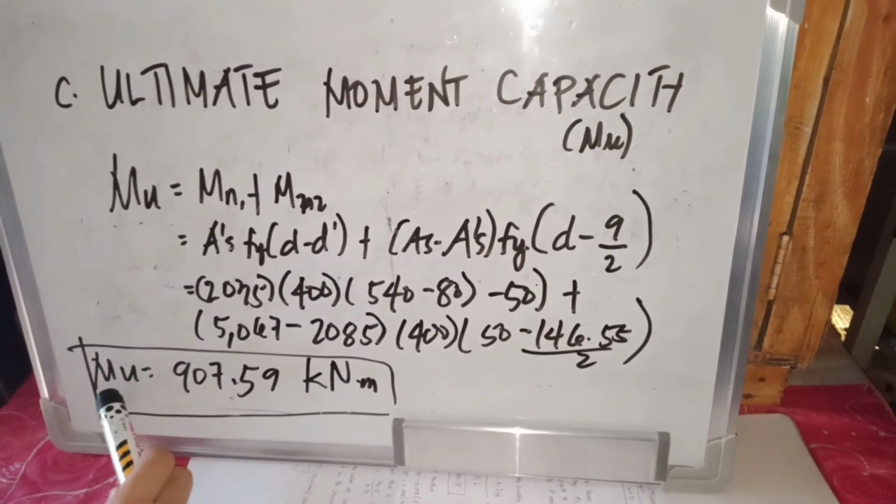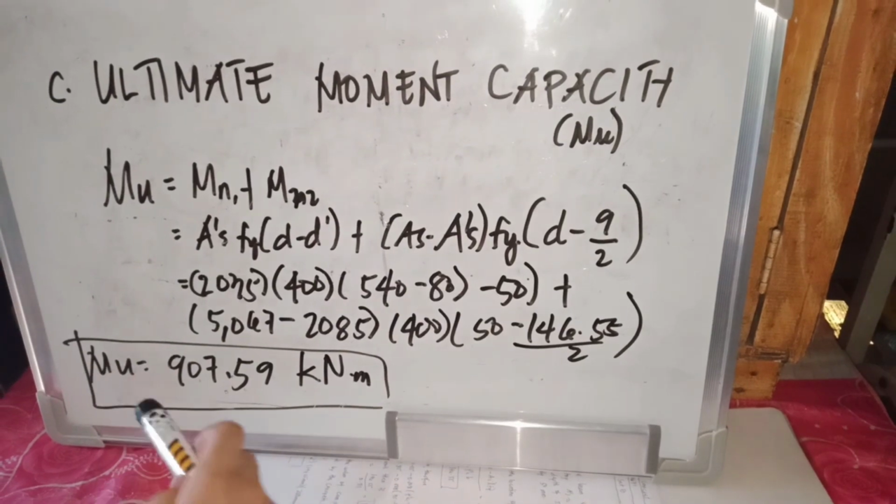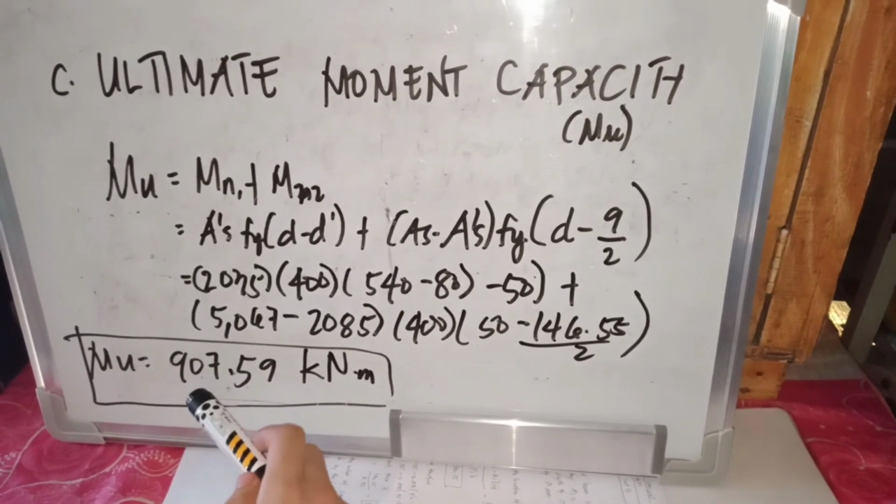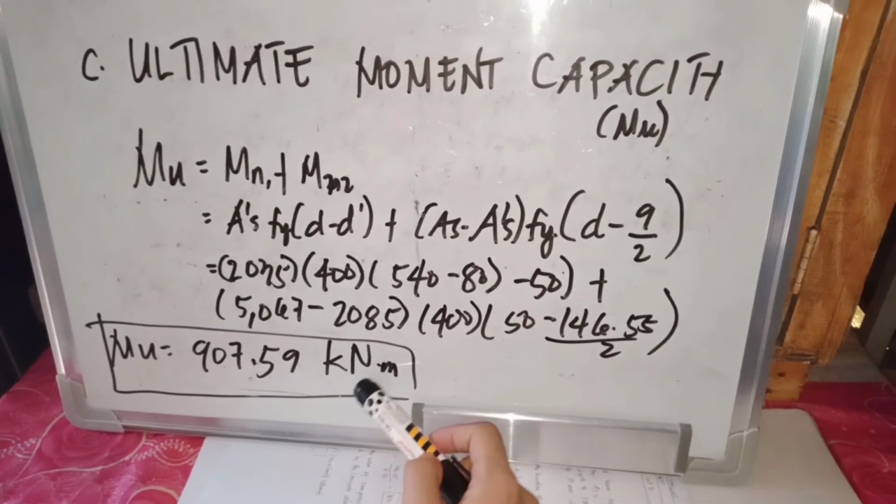And we can get a resulting value, or our ultimate moment capacity, equal to 907.59 kilonewton meter.